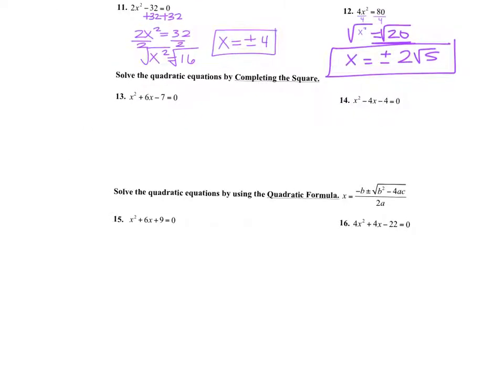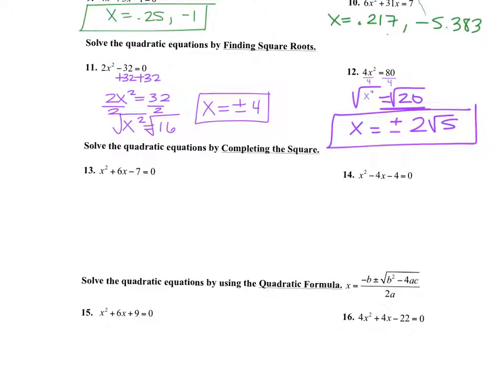All right, completing the square. You're going to add 7 first. So x squared plus 6x plus something equals 7 plus something. What is that something? 9. Right, so 3 squared is 9. So this would be plus 9.